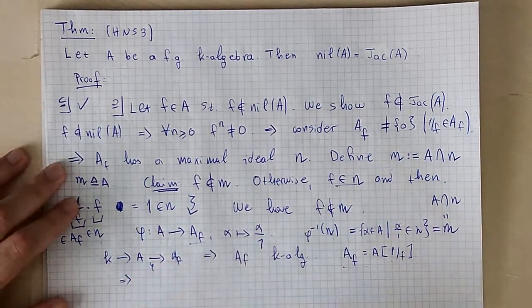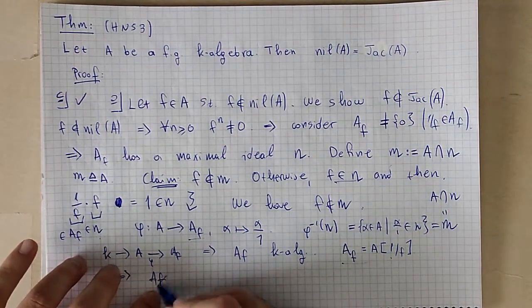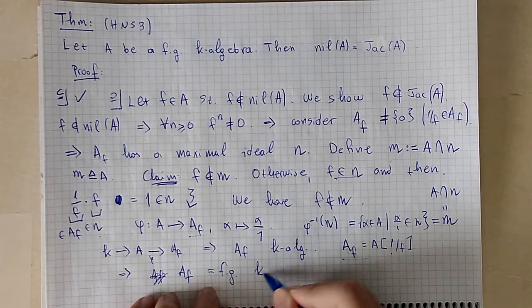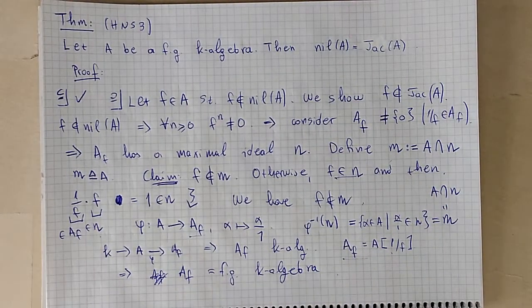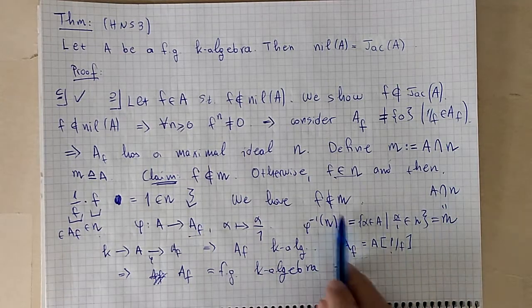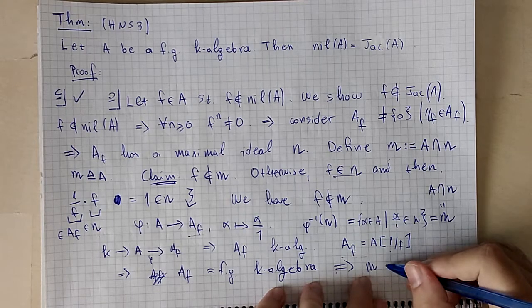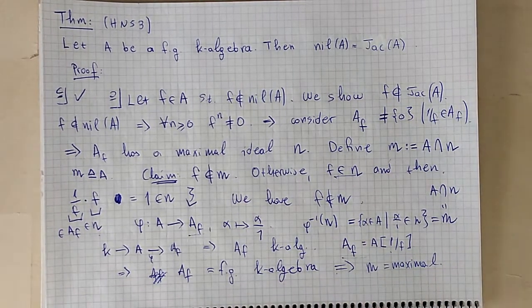So in other words, if I localize with respect to f, this is a finitely generated K algebra. And now we can use the previous proposition. Since N is maximal, its pre-image is going to be maximal, therefore M is maximal.